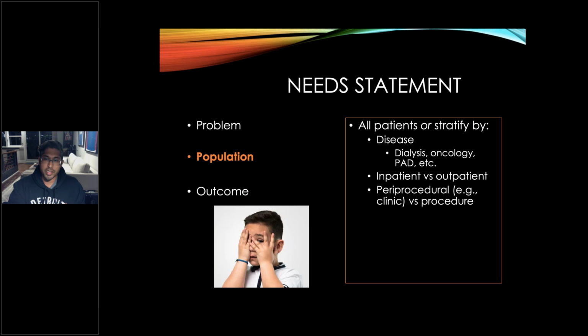It can either be by disease, so maybe you can focus on the dialysis population among the IR patients. It can be an IO or an oncology population, PAD. There's so many areas within IR, since IR does encompass really all of medicine, that you can focus on. You can also think about whether you want to focus your attention to inpatient or outpatient.